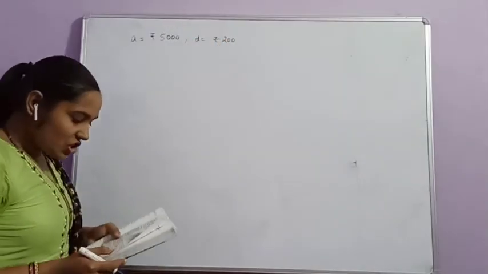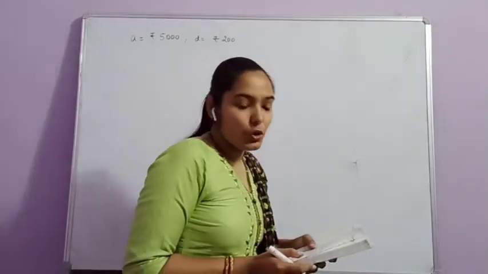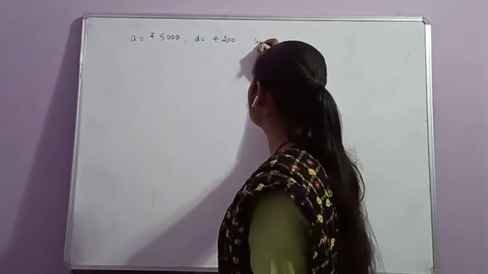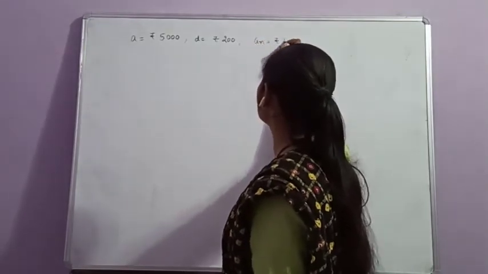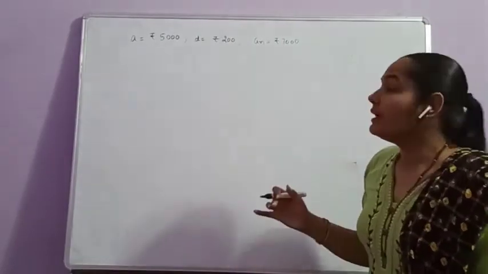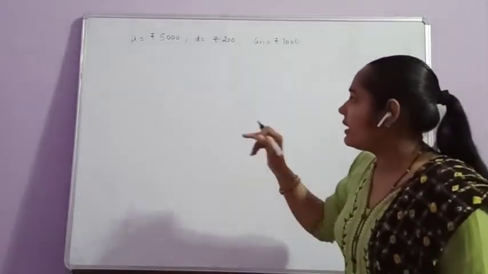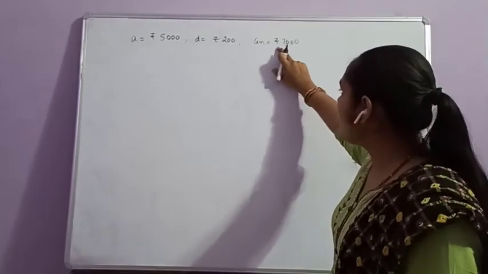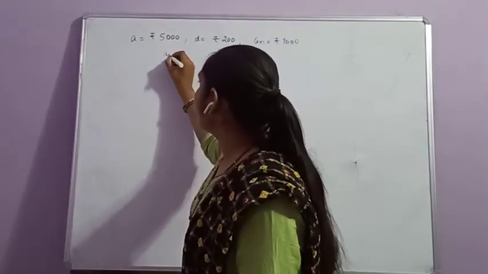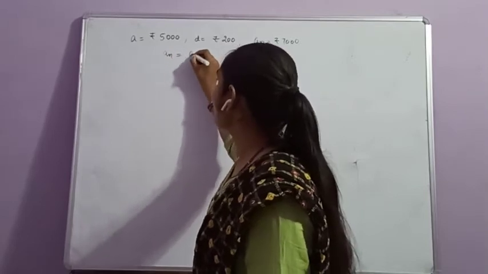Now, in which year did his income reach rupees 7,000? An is given, it means 7,000 rupees, that is An. We have to find out value of n, that is in how many years his income will increase from 5,000 to 7,000. We know the value of An, so we can put it in formula.